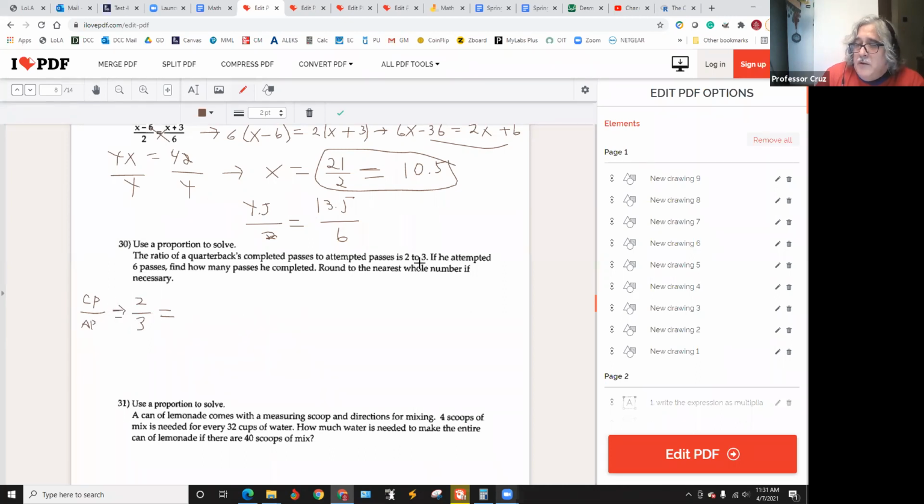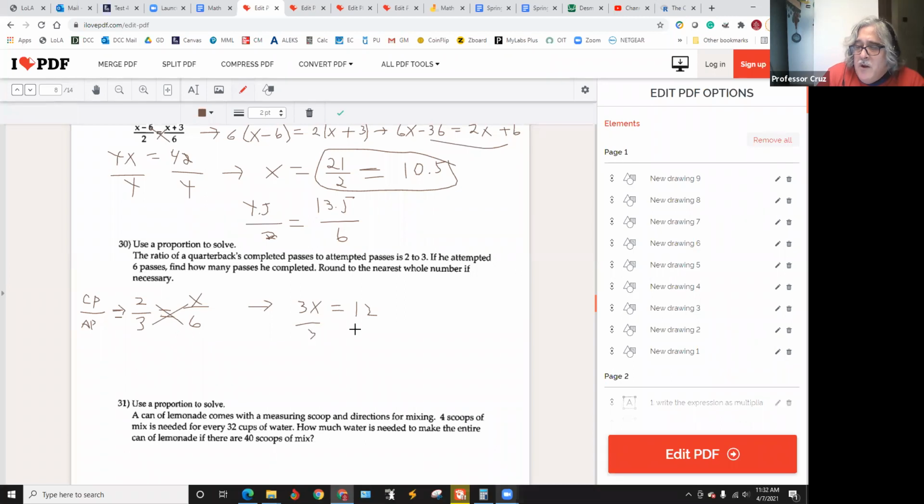All right. So now, if you've attempted 6 passes, that's this attempted passes down there. So how do we know how many passes he completed if he's got that completion ratio? Well, 3x equals 2 times 6, which is 12.